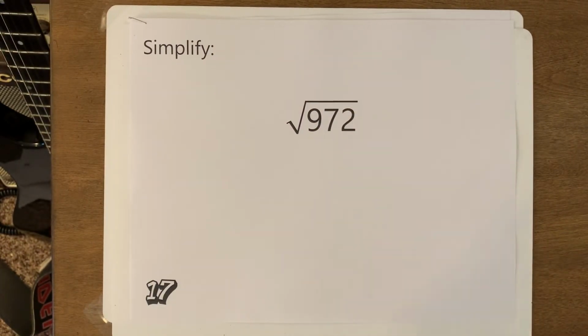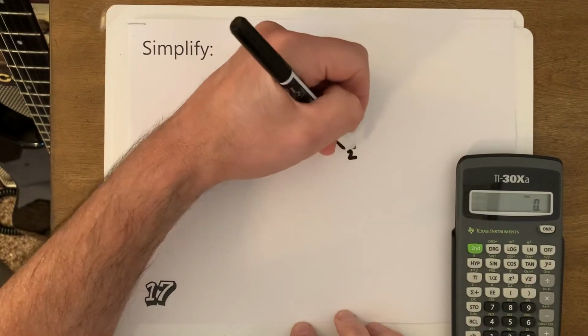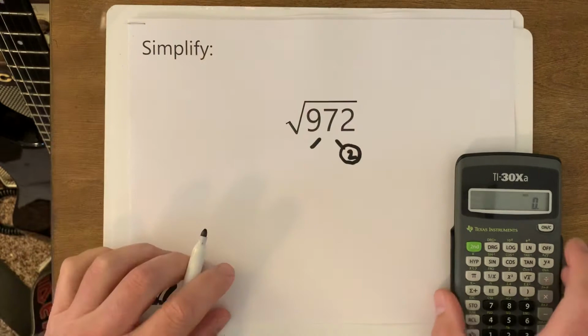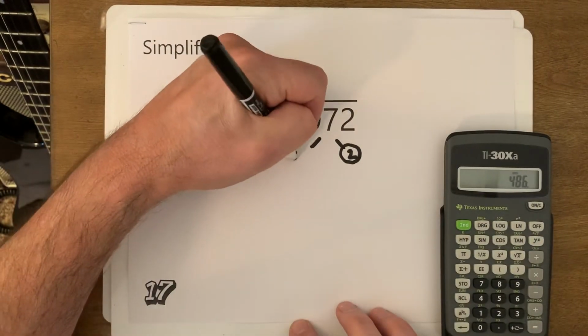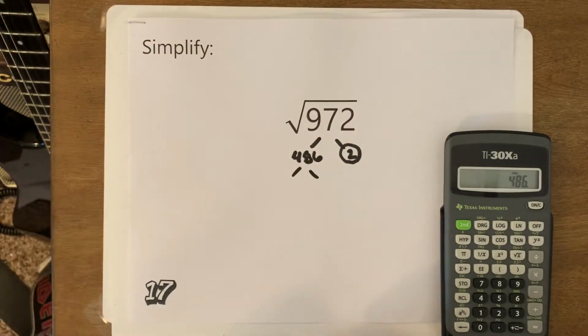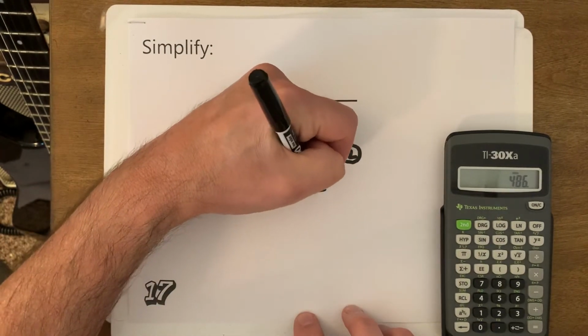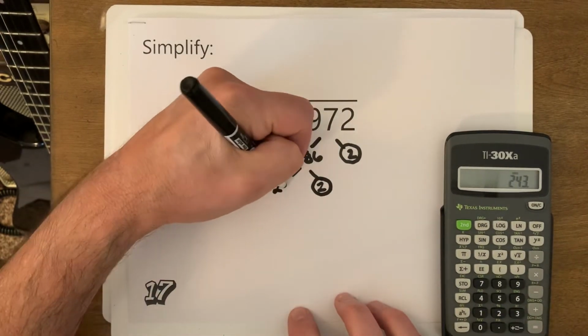972. All right, so now we change markers here. Okay, so we got 972. So here we go. Let's divide it by 2. Okay, 972 divided by 2 equals 486. Okay, again, 243.